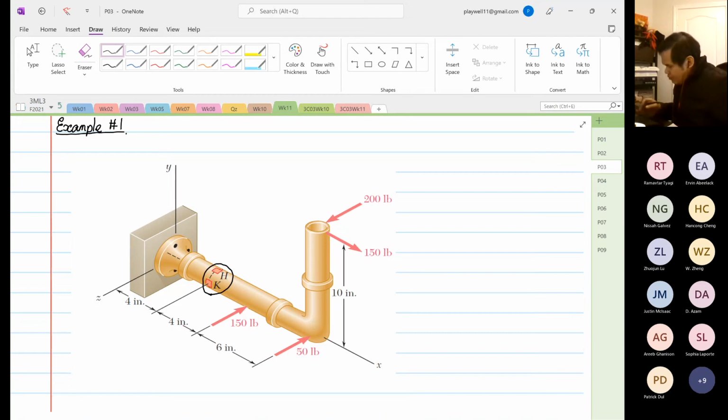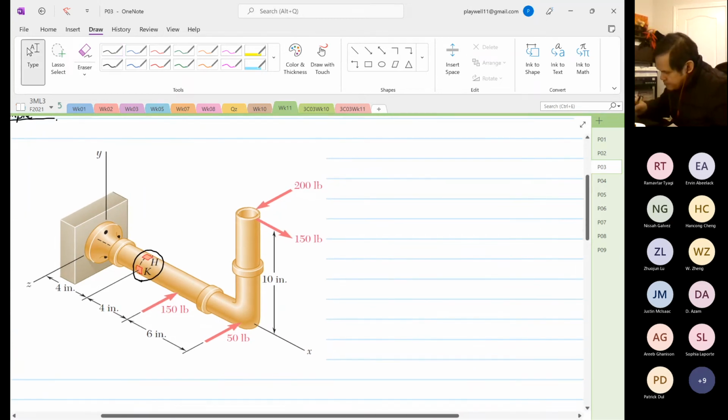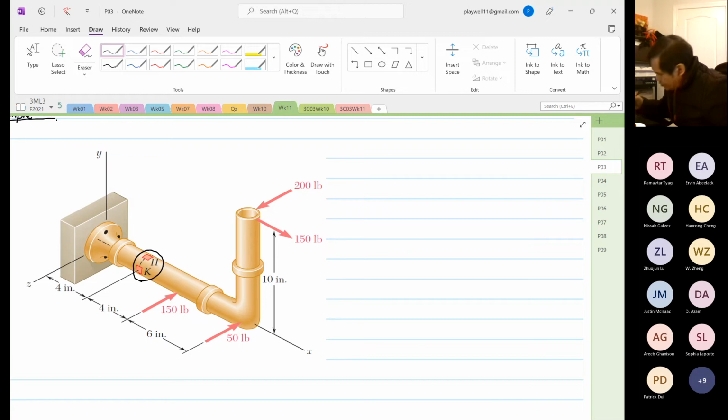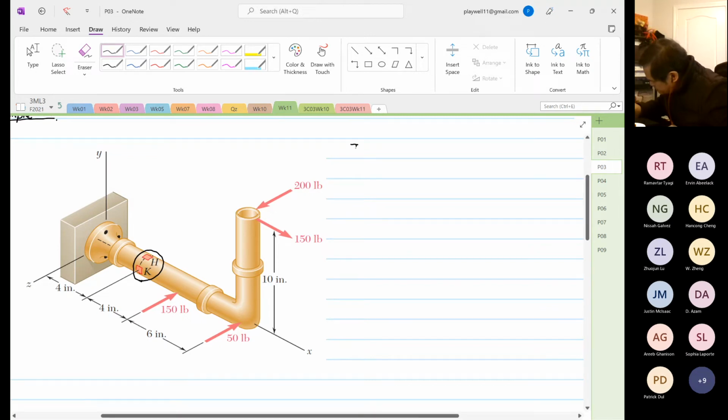Elements. So what we're going to do first, we are going to identify the moments, the bending moment.